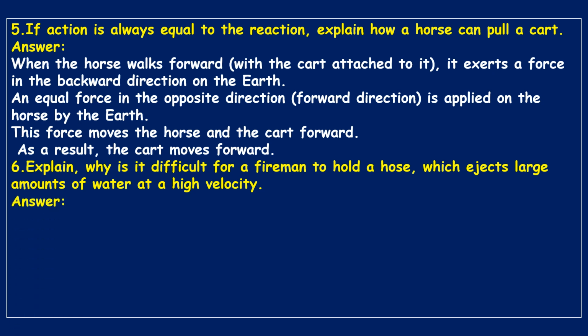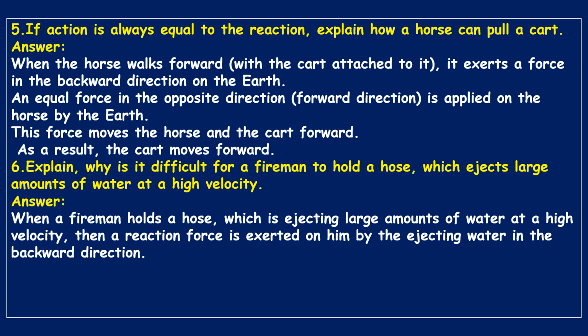Here you have the answer. When a fireman holds a hose which is ejecting a large amount of water at a high velocity, a reaction force is exerted on him by the ejecting water in the backward direction. The water applies force on the fireman in the backward direction. This is because of Newton's third law of motion.